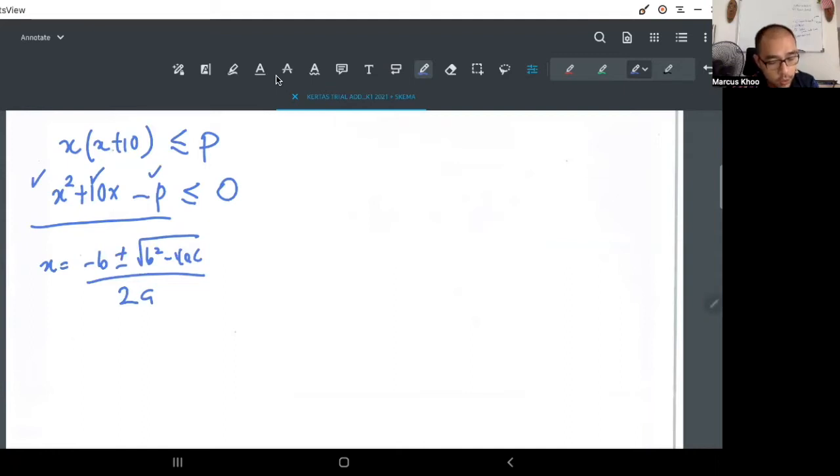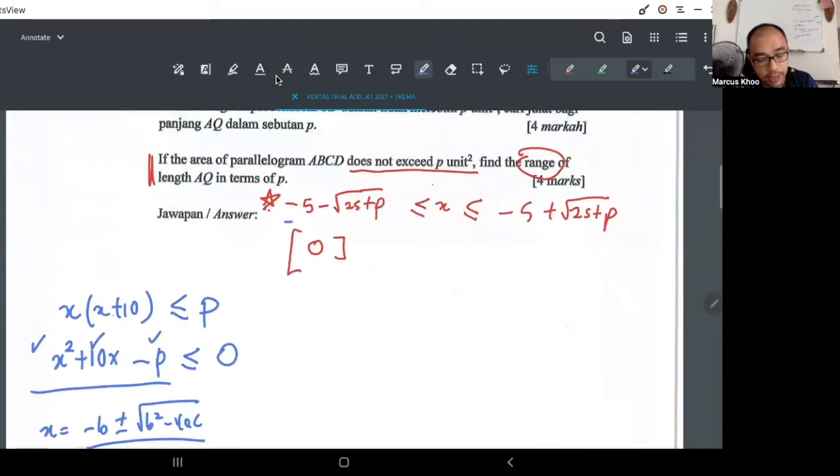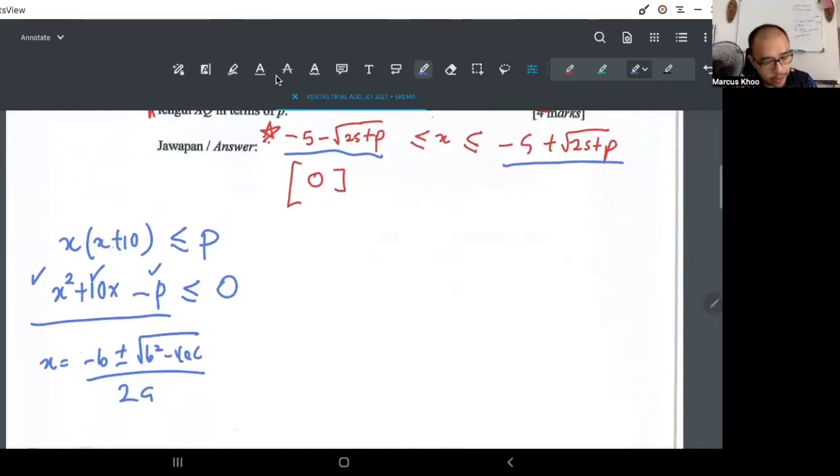After I simplify, you will get X equals negative 5 minus square root 25 plus P, and X equals negative 5 plus square root 25 plus P. This is what you expect to get.